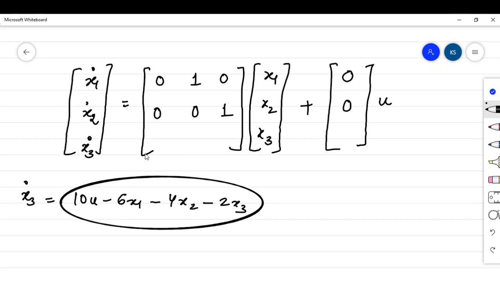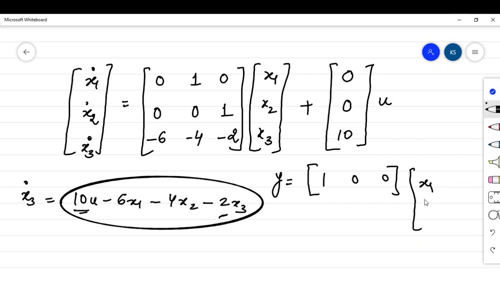We can write minus 6 for x1, minus 4 for x2, minus 2 for x3, and this is 10u, so we write 10 here. And as we already defined y equals x1, we can represent y equals 1 0 0 times x1 x2 x3.